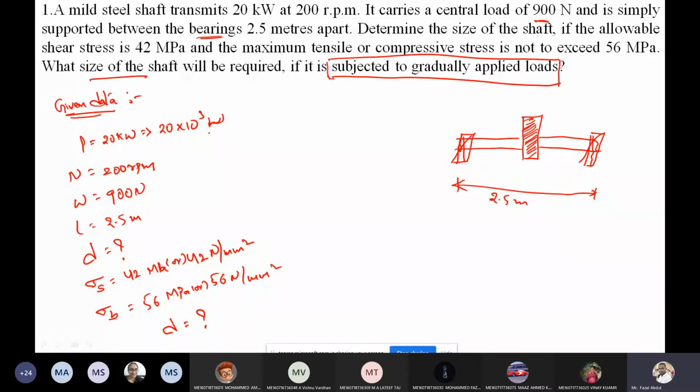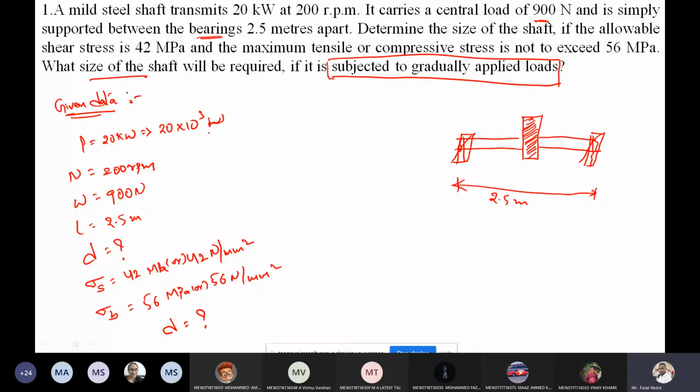Shaft subjected to pure torsion, shaft subjected to pure bending, shaft subjected to combination of torsion and bending, shaft subjected to axial load in addition to combination of bending and torsion, strength criteria, and modulus of rigidity. Among these six categories, which category does the given question belong to?